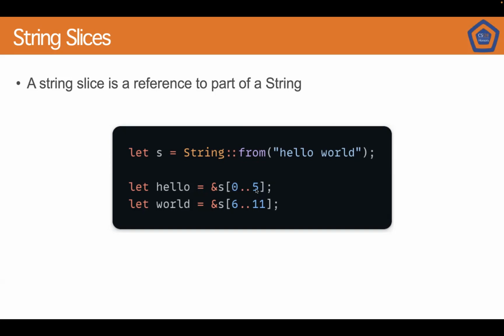We can create slices using a range. So we can specify a starting index and an ending index, where the starting index is the first position in the slice, and the ending index is one more than the last position in the slice.